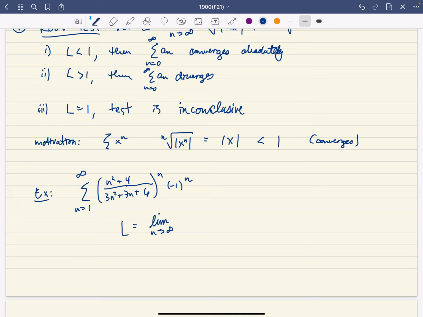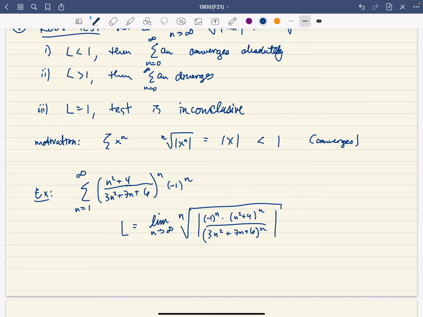But we're going to take the nth root of the absolute value of (-1) to the n times (n squared plus 4) over (3n squared plus 7n plus 6). And I forgot to put the nth powers there.